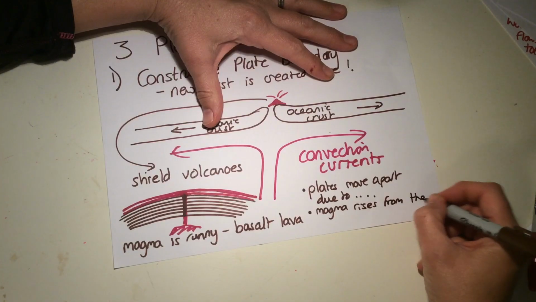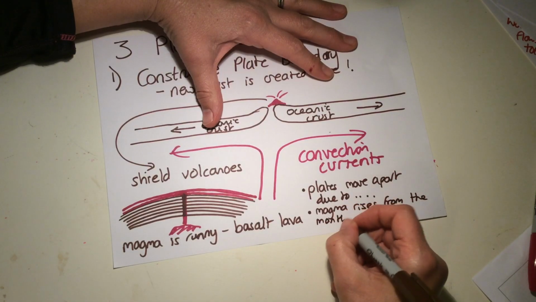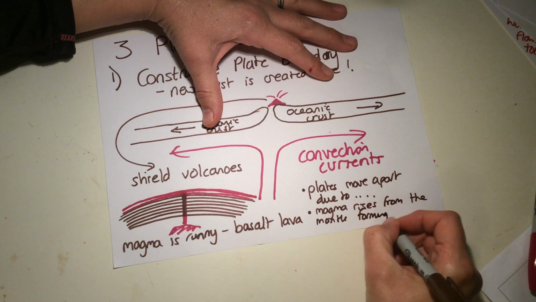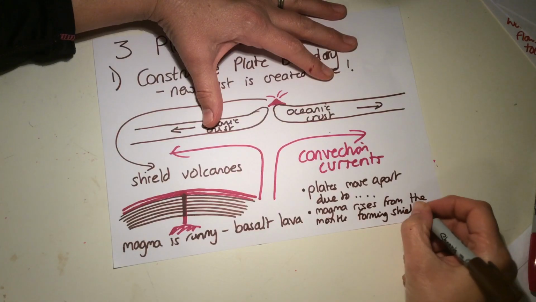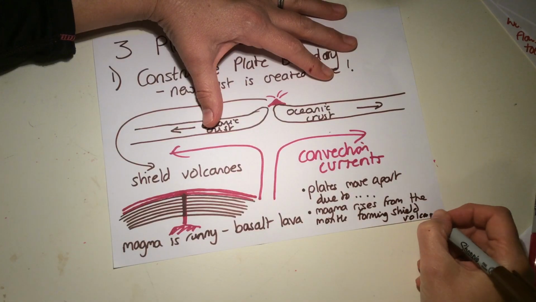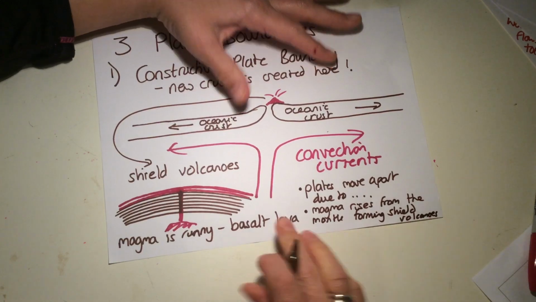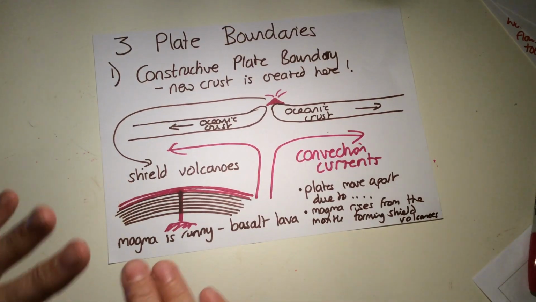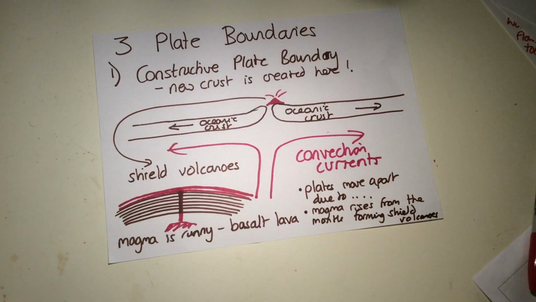Well done, the mantle, forming shield volcanoes. These volcanoes are associated with lots and lots of runny lava, and they're not particularly explosive.